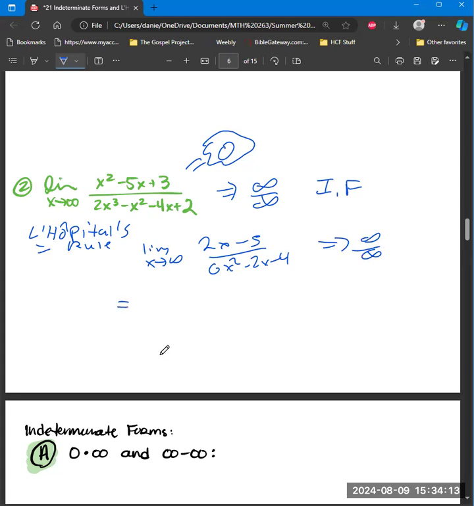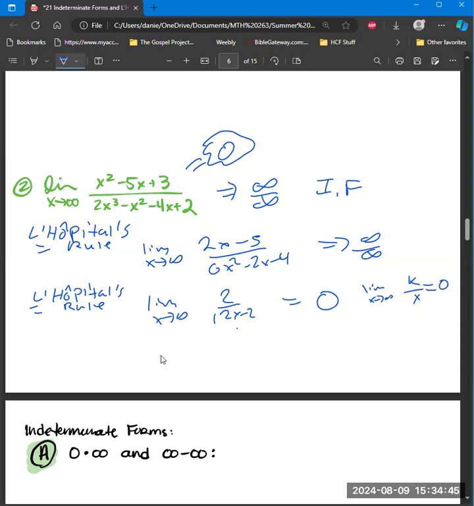So I'm going to use L'Hopital's rule again. Limit as x goes to infinity of 2 over (12x minus 2). And any constant over infinity is going to go to 0, because the limit as x approaches infinity of k over x equals 0. Basically what's going on there.